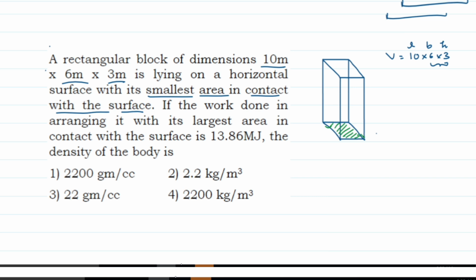Now here the length becomes 10 meter, which is the height you can take, and this is the smallest area which is going to be in contact. Now in the next case, the work done in arranging it with the largest area in contact with the surface is 13.86.